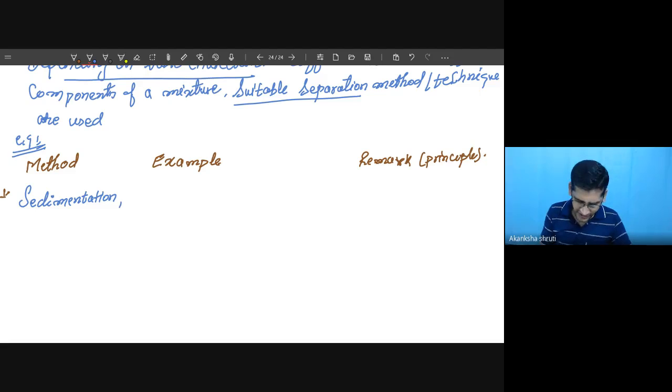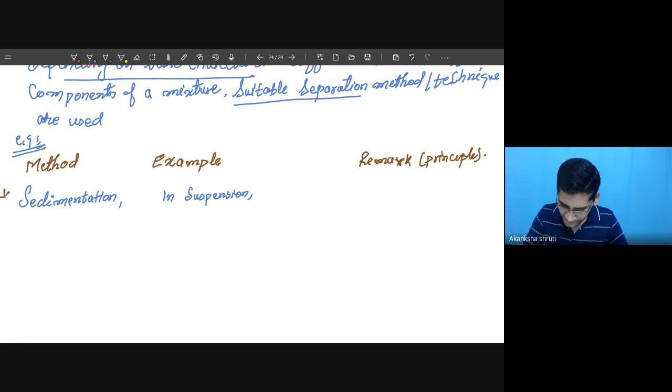For which category of mixture can we use this? Students, can we use this for a solution, colloidal solution, alloy, or suspension? Good, suspension. So this can be used for a suspension whose particle size is quite big. If bigger sand particles are there and you leave the mixture undisturbed, it will settle down.